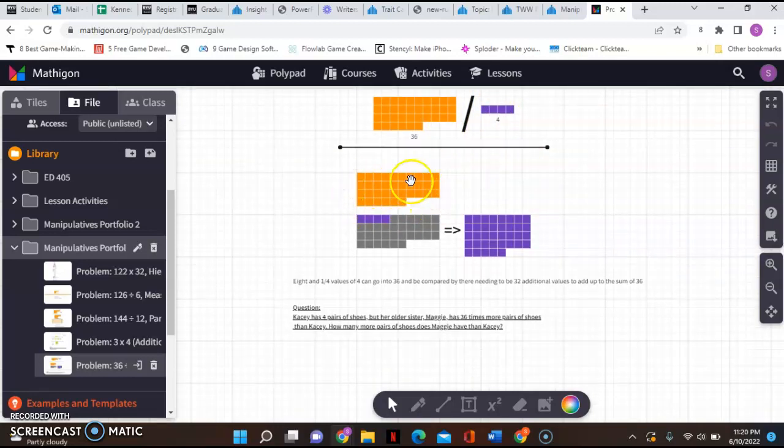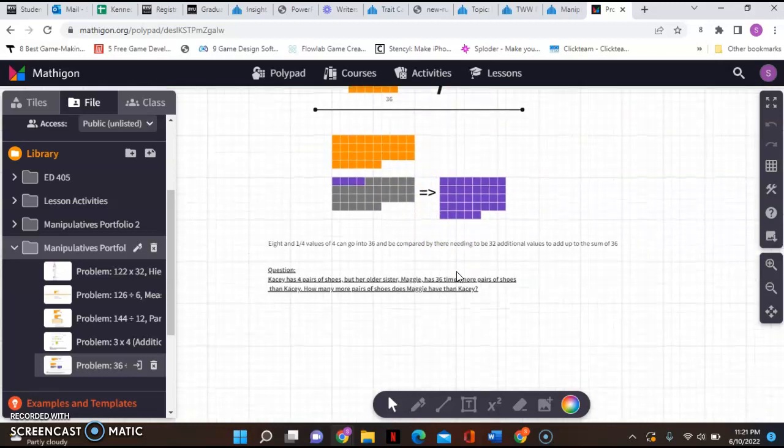Here I have the 36 value laid out, and then here I have the same problem, but I have the value of 4 and unknown values here to represent how many comparisons of 4 would actually go into the value of 36. And what I did here was I changed all of these values into values of 4 that would work for this equation.